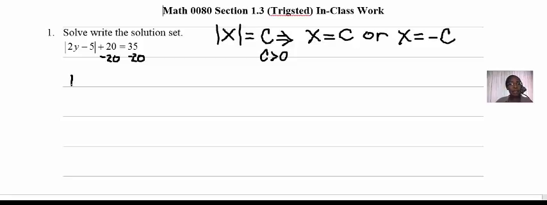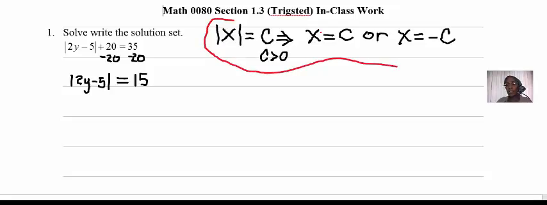So I now get the absolute value of 2y minus 5 is equal to 15. So now I do have the form talked about in this property of absolute value equations.